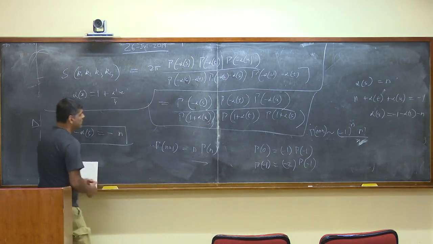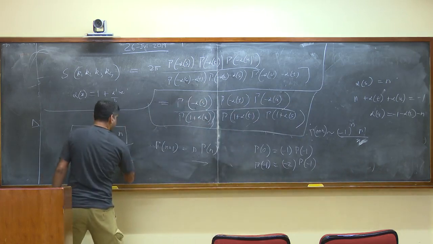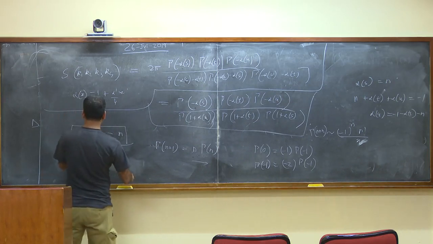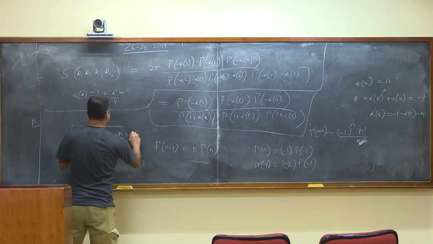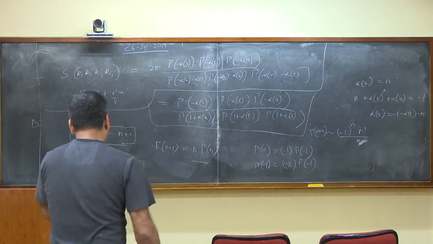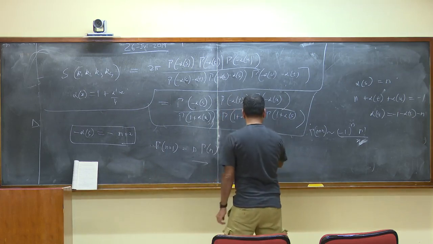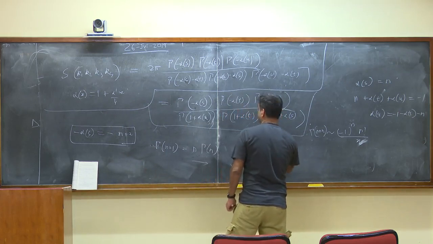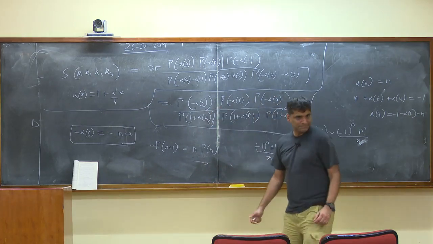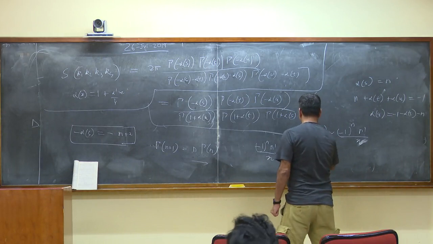Okay, so suppose we expand alpha of s. So what we do is to say minus alpha of s is equal to minus n plus x. When we do that, then what do we get? We get minus 1 to the power n factorial by x from here. Okay, and then here we get gamma of minus alpha of t, that's whatever it is.